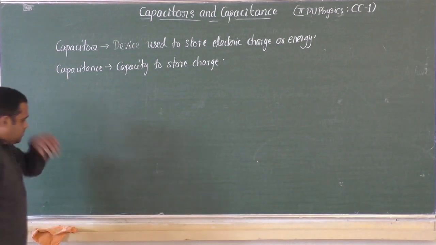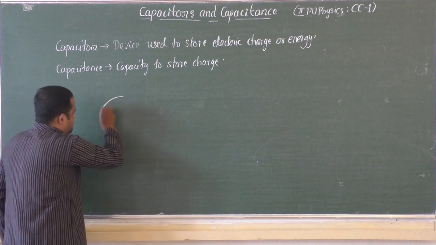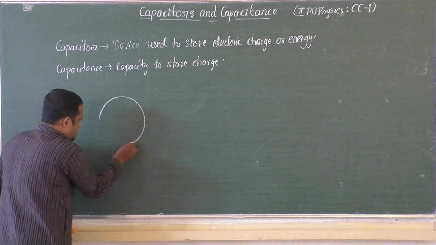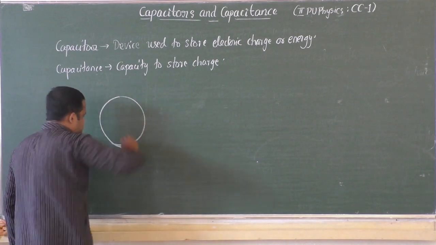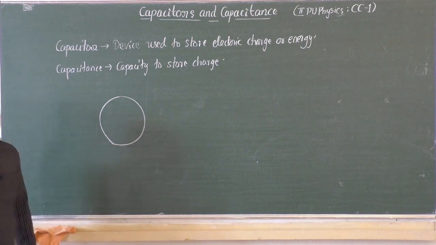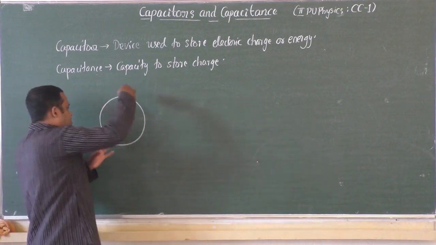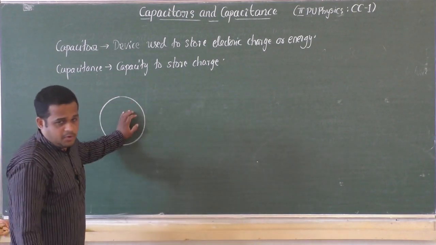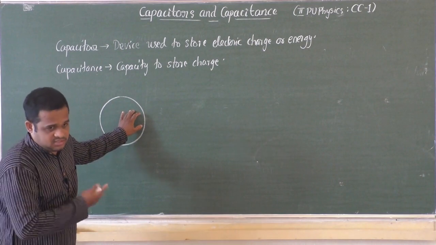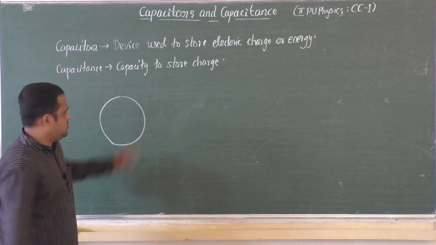Now let us consider the case of a spherical conductor. Whenever this spherical conductor is charged, we know the property of charge. We already discussed these things in previous videos.